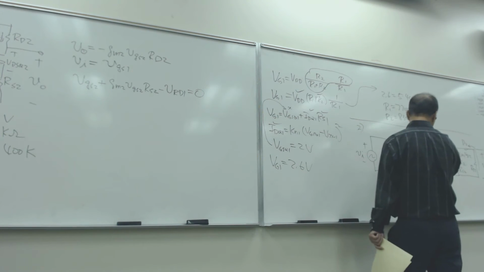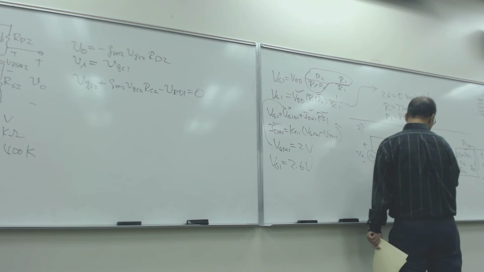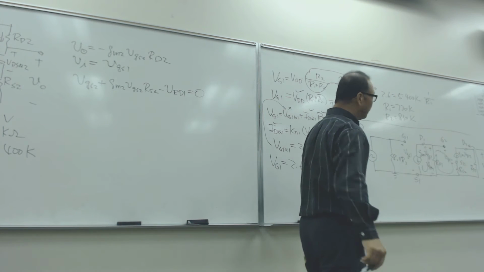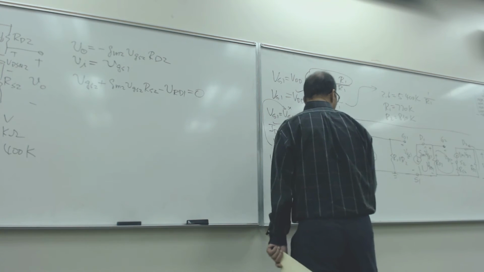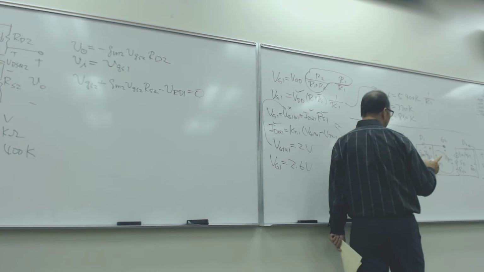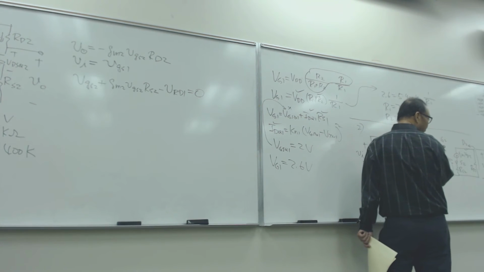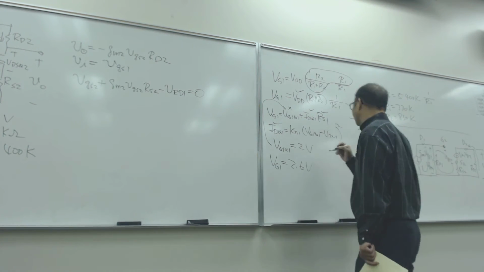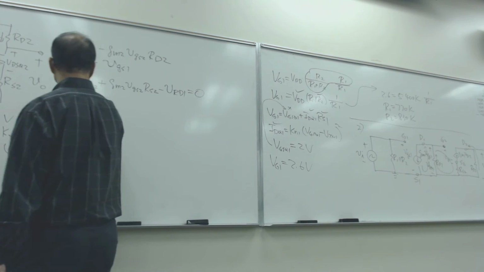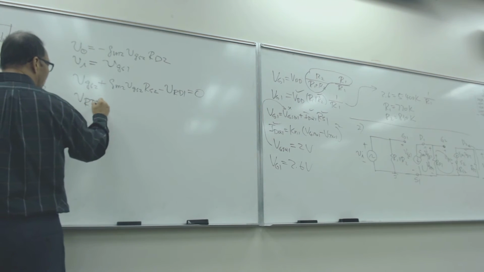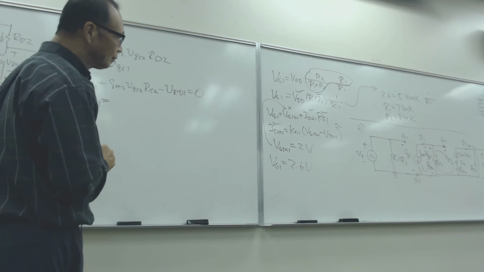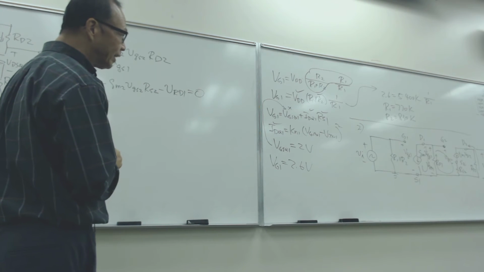Now, you see this is a single loop, right? So the current goes like this. Agreed? Therefore, VRD2 can be expressed in terms of that current, yes? Okay, so VRD1 is equal to what? Plus or minus?